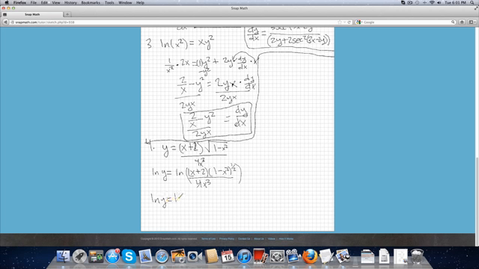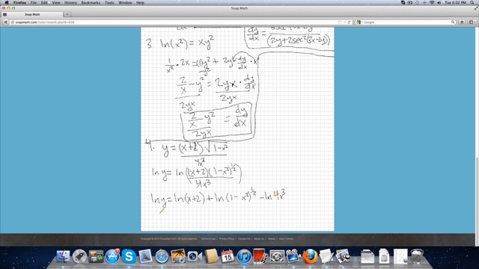So it's going to be the natural log of x plus 2 plus the natural log of 1 minus x squared to the 1/2, and then minus the natural log of 4x cubed.